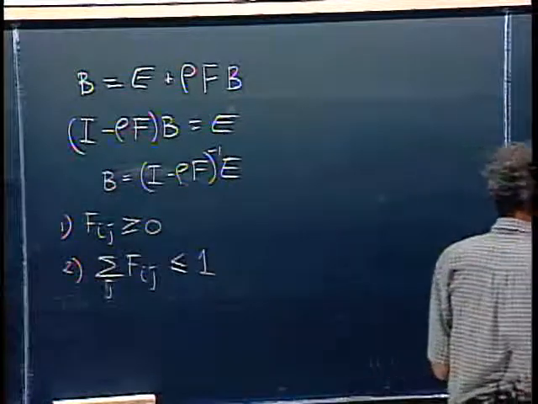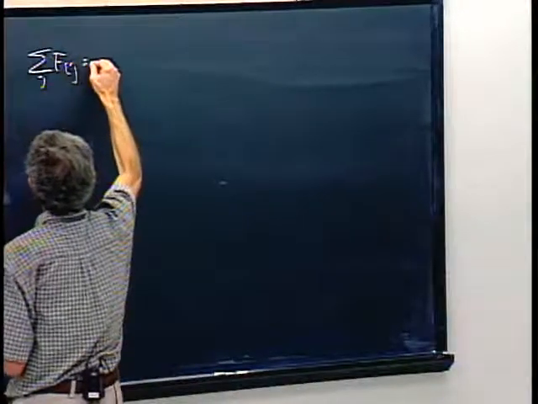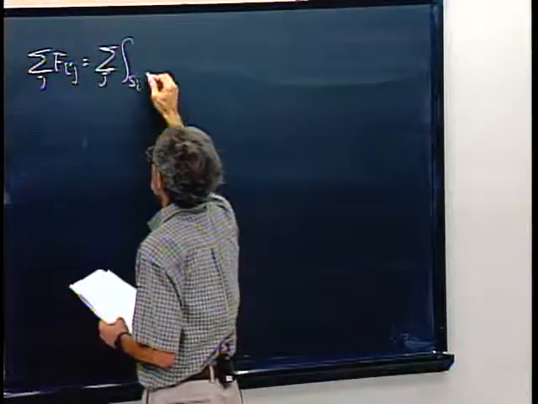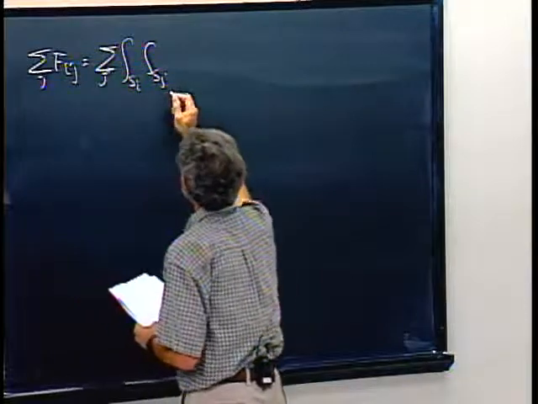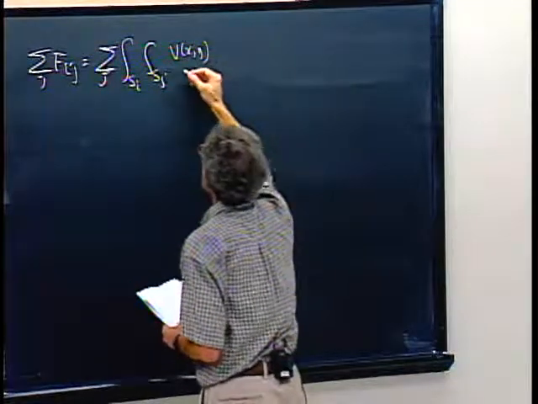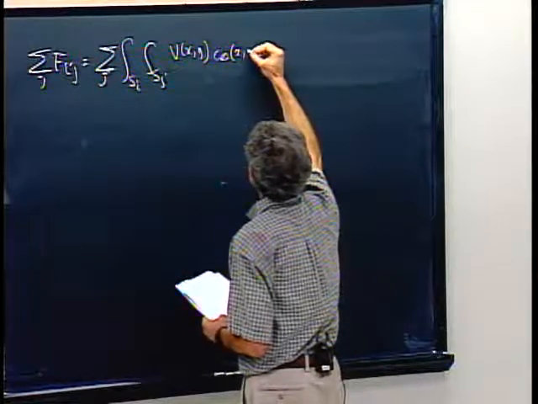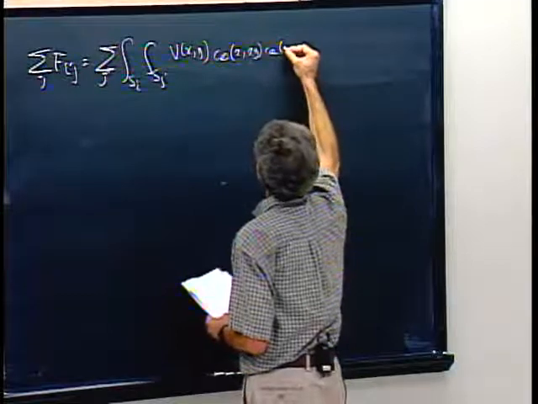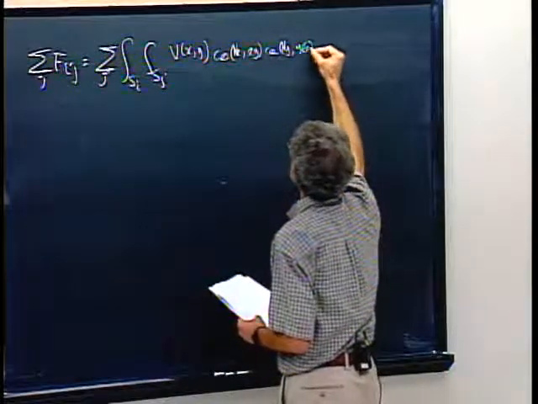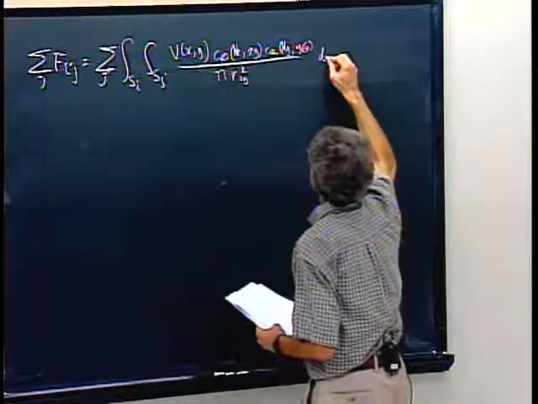And the way to realize this is to say this sum over j of Fij is the sum over j of the integral over Si, integral over Sj of, let's see, the cosine of nx and xy, cosine of ny and yx, over pi r xy squared, dy.